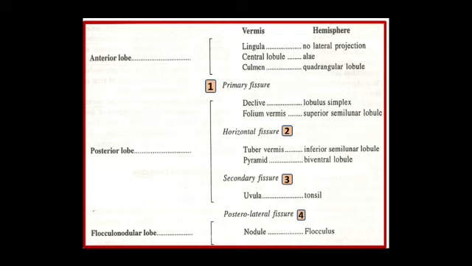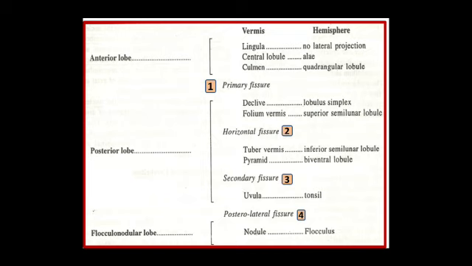In the vermis, the anterior lobe contains the lingula with no lateral projections, then the central lobule with the ala, and culmen with the quadrangular lobule. In the posterior lobe, we have the declive in vermis, and laterally the lobule simplex, folium vermis with superior semilunar lobule.